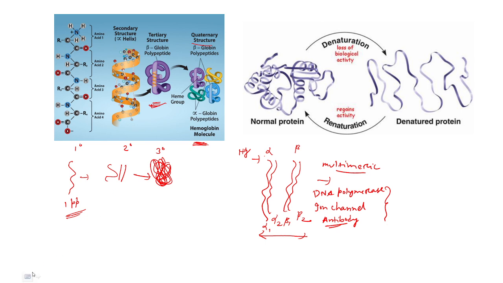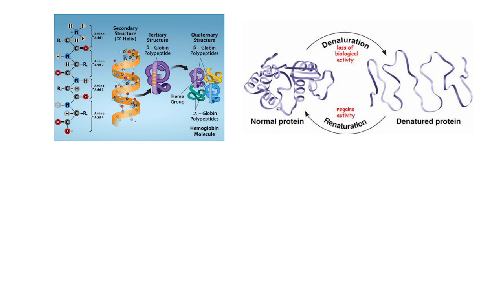So now come again to the tertiary and the quaternary structure. Here in the tertiary and quaternary structure, a 3D conformation or specific shape is present, formed by the coiling of the secondary and tertiary structure of the protein.